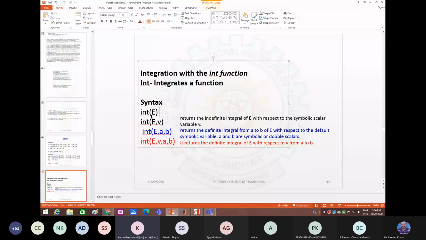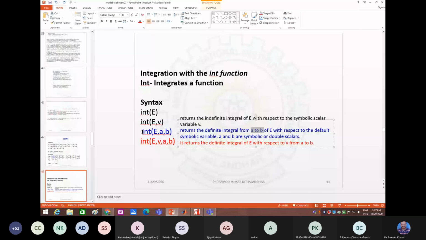E is the expression and V is the variable with respect to which you want to integrate. Return the indefinite integral with the variables. This is definite integral. Return the definite integral from a to b. This is the limit a to b, and by default it will integrate.